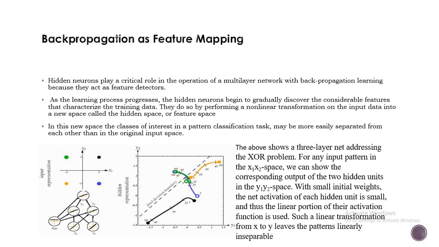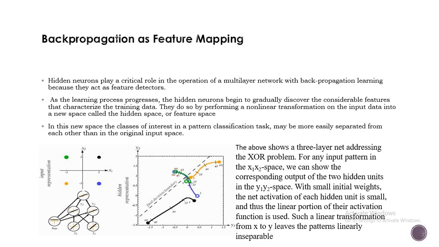Backpropagation as feature mapping. Hidden neurons play a critical role in a multi-layered network with backpropagation learning because they act as feature detectors. As the learning process progresses, the hidden neurons gradually discover the salient features that characterize the training data.